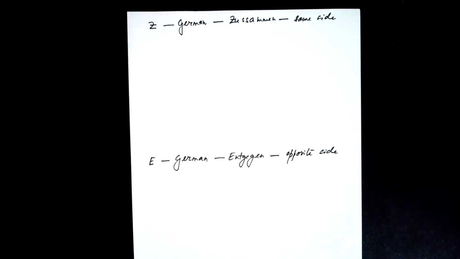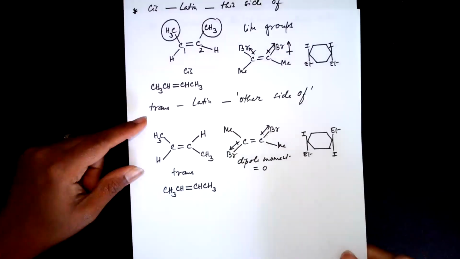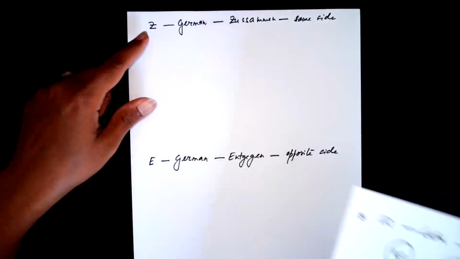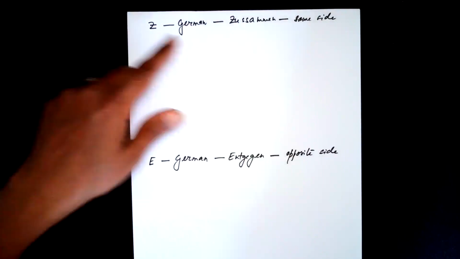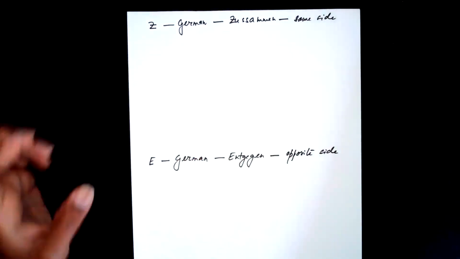If we go back to the previous page where cis meant this side and trans meant other side, and you compare it with Z and E, Z would mean same side, E would mean opposite side. They are kind of saying the same thing.